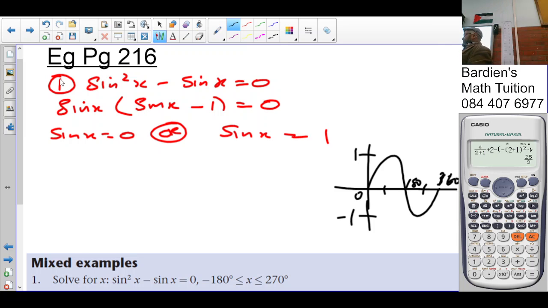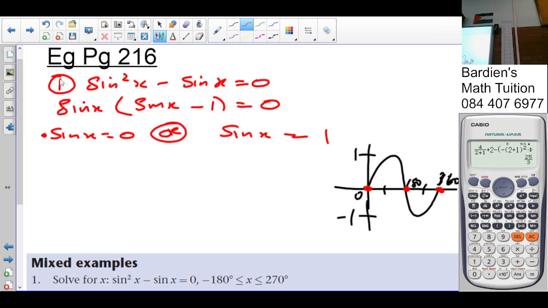Now, the general solution for sine of x equal to 0. Where is sine of x equal to 0? At 0, 180, 360. Now 360 and 0 is the same.